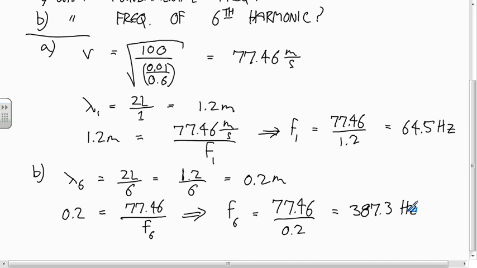And so all the harmonics are higher frequencies than the fundamental.